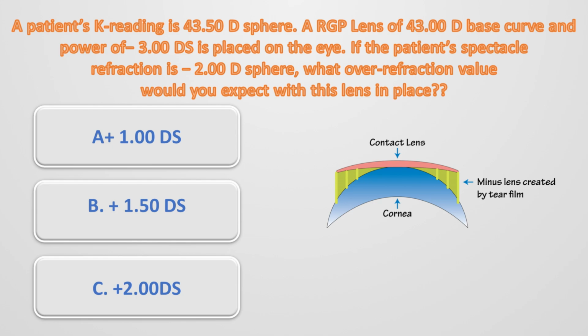Last question. A patient's K reading is 43.5 diopter. An RGP lens of 43 diopter base curve and power of -3 spherical is placed on the eye. If the patient's spectacle refraction is -2 diopter, what over-refraction value would you expect with this lens in place?